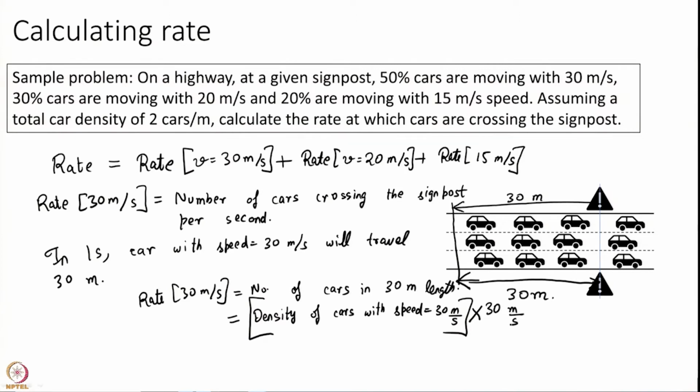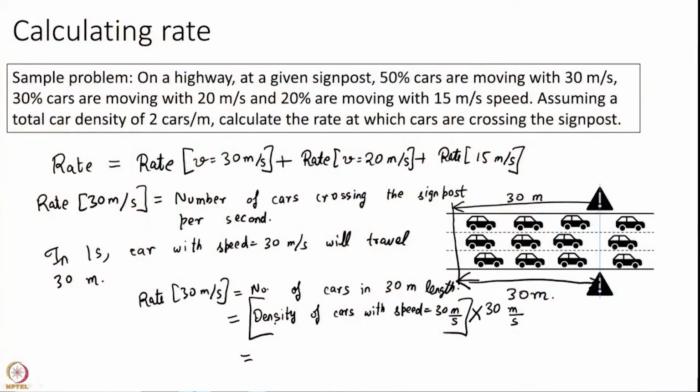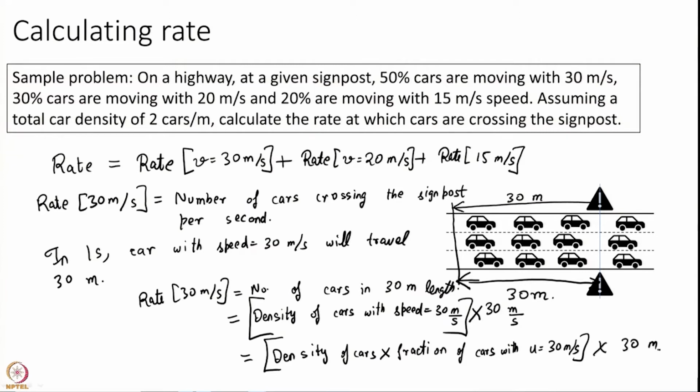So I find the density per unit length of cars which have this speed, and I multiply it by 30 meters per second. That will give me the rate. So this density is the density of cars, times the fraction of cars with speed equal to 30 meters per second, times 30 meters per second.